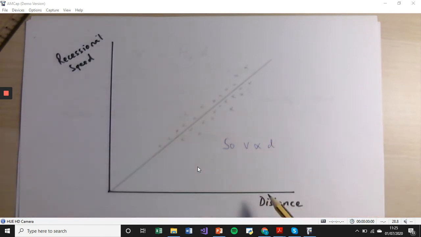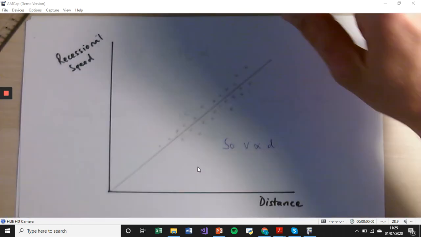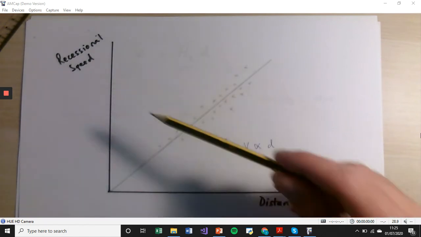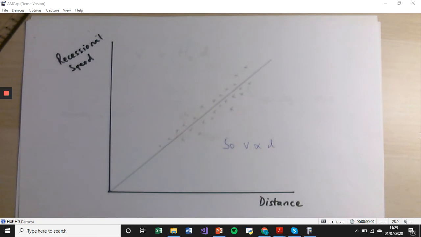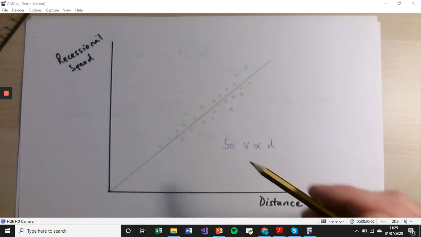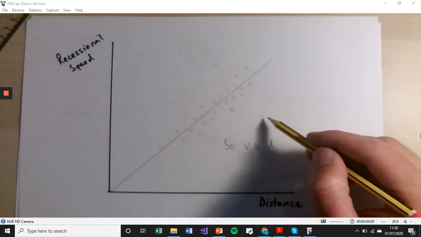So if you plot the distance between us and that galaxy on the axis, I mean, those are not real points, but I've just drawn that line.